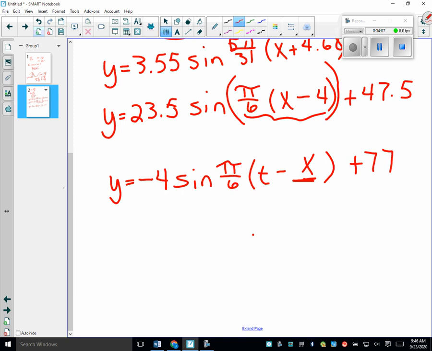I'm going to pick the month of June. Okay? What would T be? 6. I chose the month of June because look what it's going to do to my denominator.